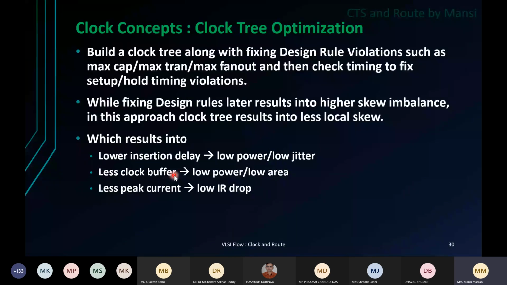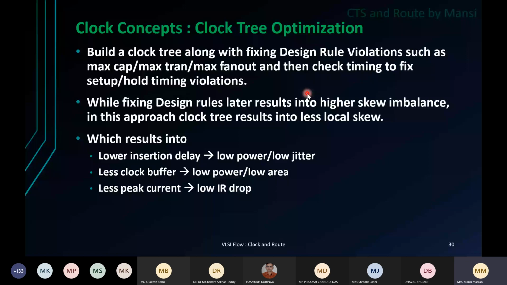What we do is we build the clock tree. Earlier, what we did was we built the clock tree and then analyzed the results and saw that this is violating, this has higher power, this net is not good, this net is being driven in a lower metal layer, and then we start ripping it out and fixing it.